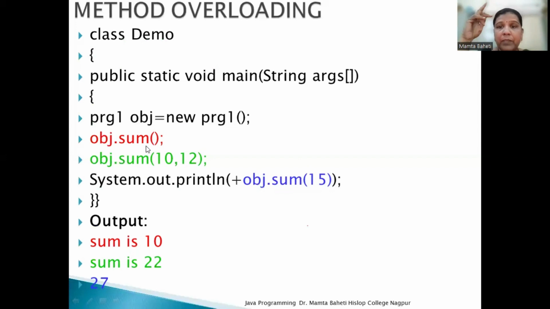And the third one is having a single parameter. So depending upon these three variations, you can have this in the return type. Okay, so here you can see this is due to no parameters, this is due to two parameters, and this is due to a single parameter.